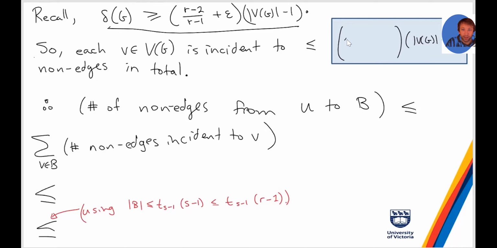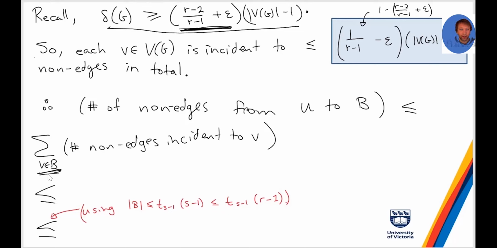So each vertex is adjacent to at most this many, so the number of non-edges is at most 1 over r minus 1 minus epsilon times the number of vertices minus 1. This comes from taking 1 minus the thing in here, because the minimum degree is large.